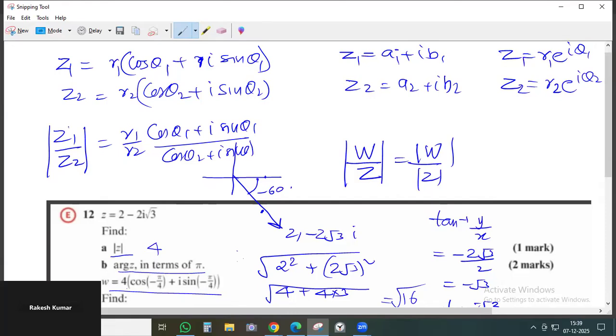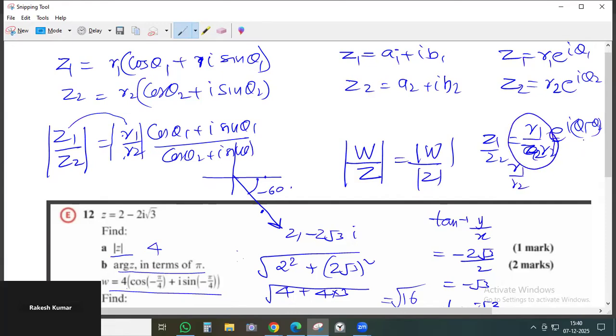But if you notice, the modulus is nothing but this over this, and also if I divide here, it will be r1 over r2 into e to the i theta 1 minus theta 2. So if you notice, the modulus here also is r1 by r2, and the argument is theta 1 minus theta 2.